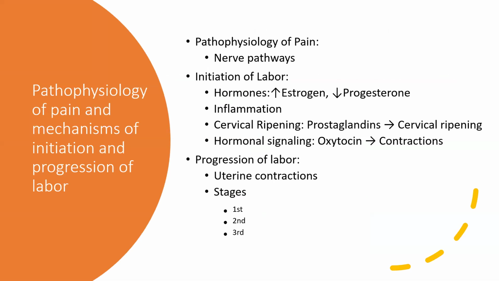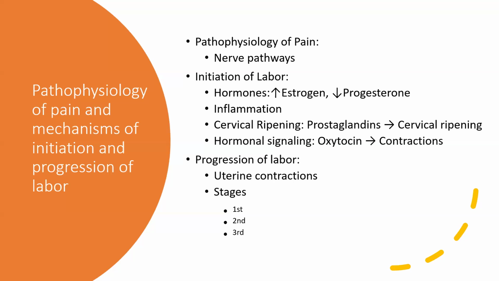This slide looks at the pathophysiology of pain and mechanisms of initiation and progression of labor. And a few things to discuss on this slide. I guess first of all is that pathophysiology of labor pain. Again, kind of already talked about this on the last slide, and this is really from the multiple nerve pathways.